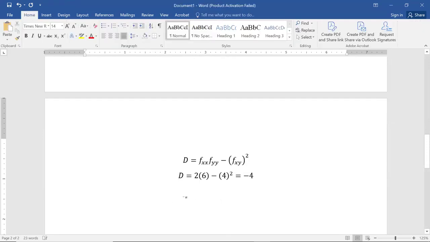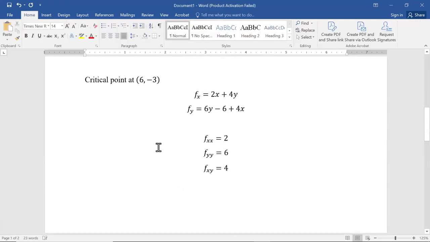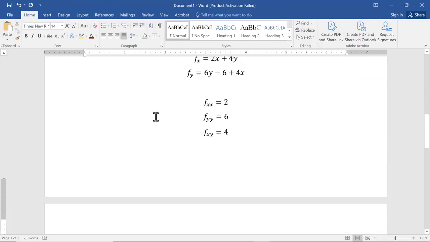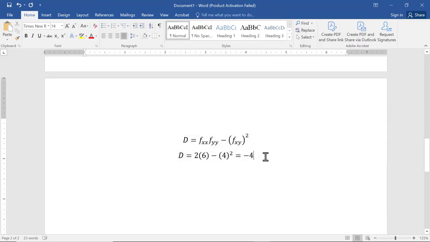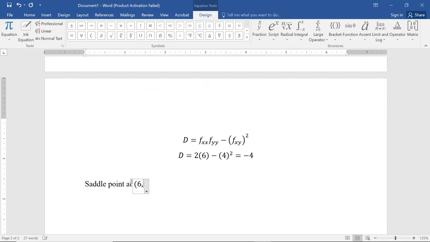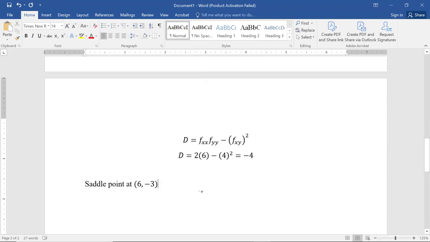So that means that critical point of 6, negative 3 was actually a saddle point. So we get a saddle point at 6, negative 3, as long as I've done my calculations right.